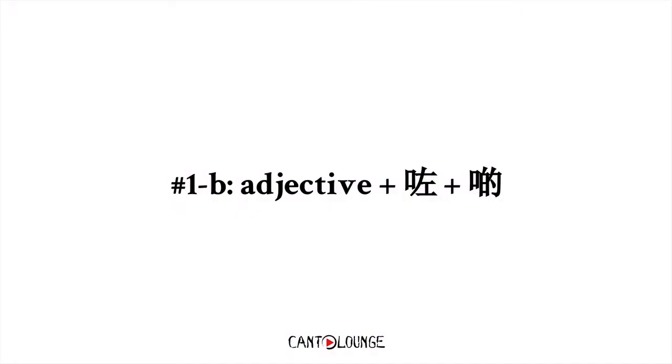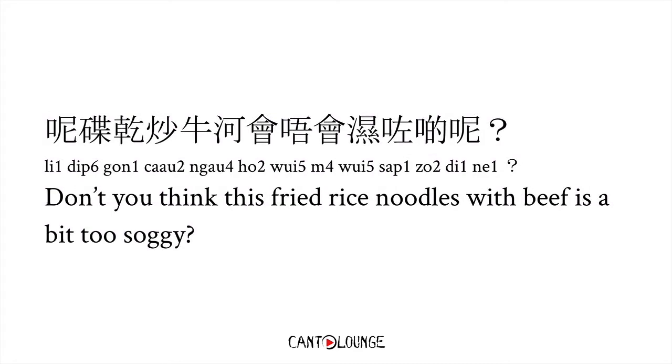All right. I do have to point out a second use of the word 啲. So when you see this pattern, adjective plus 咗 plus 啲, this is one way to form rhetorical questions. So for example, we have something like this, 濕咗啲 at the end of a sentence. 呢碟乾炒牛河會唔會濕咗啲呢?